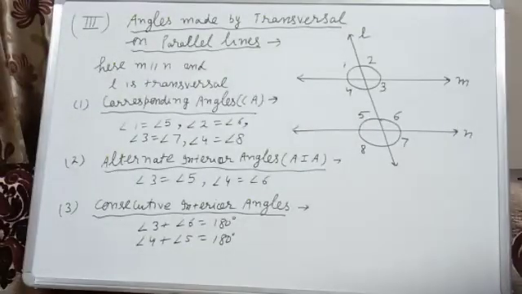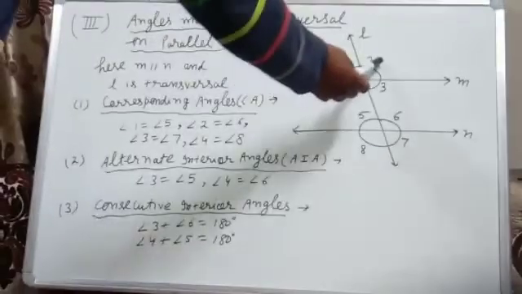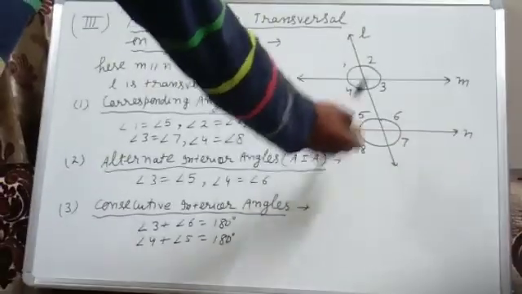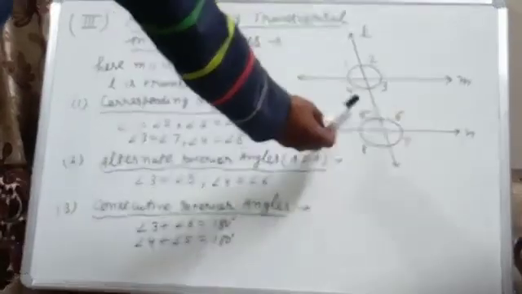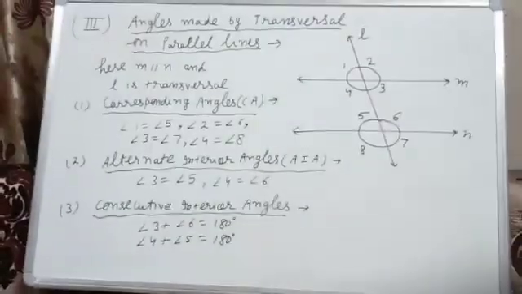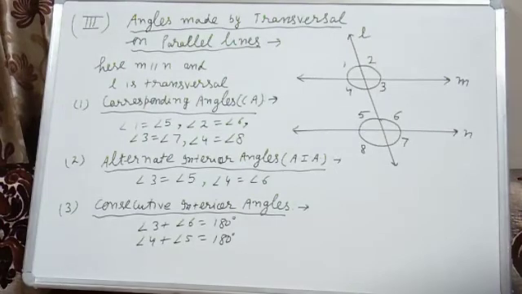If you see here, the linear pair can also be applied: 1 plus 2 is 180, 3 plus 4 is 180, 5 plus 6 is 180, 7 plus 8 is 180. In the same way, 2 plus 3, 1 plus 4, 5 plus 8, 6 plus 7. So from here you can find many results, but generally we use only these three results.